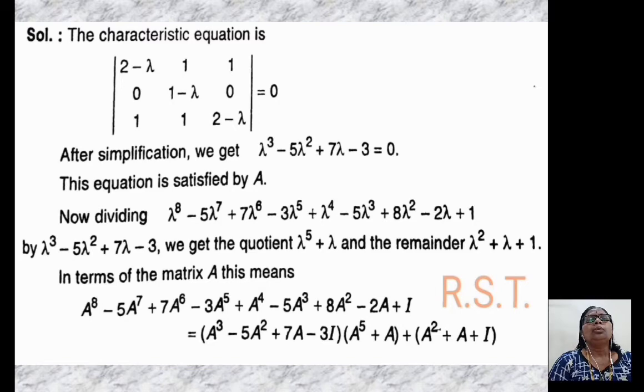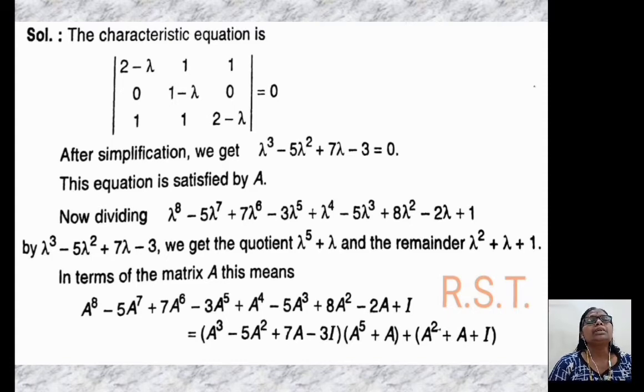Now, here from Cayley-Hamilton theorem, you can prove this term lambda cube minus 5 lambda square plus 7 lambda minus 3 equal to 0 is satisfied by given matrix A. That means you have to calculate first A square, then A cube, and substitute the values of A cube, A square, A in this equation.